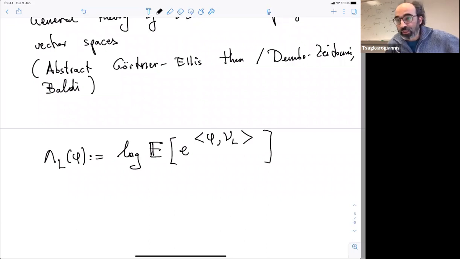So all the information about my microscopic system is registered in this function. And all the properties I need, I mean, if you think in the old, maybe Russian school, is registered in the analyticity properties of this function, whether it has a derivative at 0 and things like that. So this will be relevant.